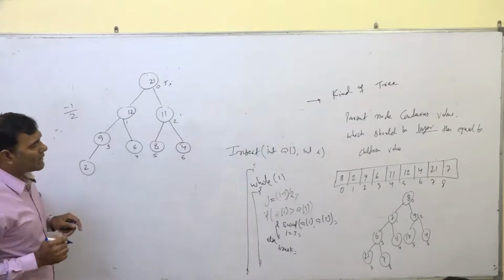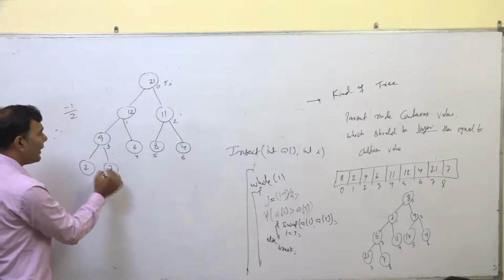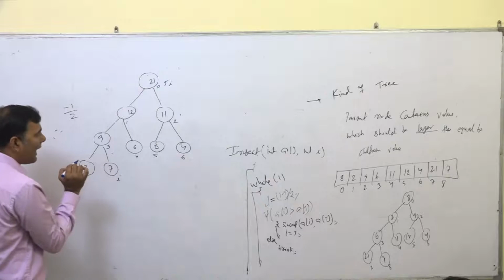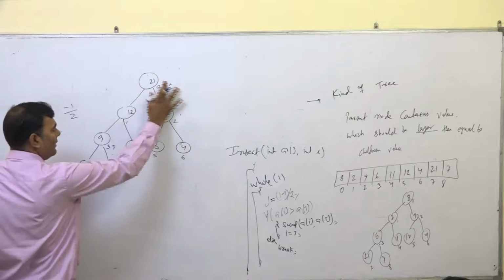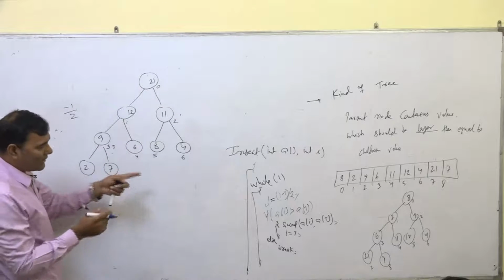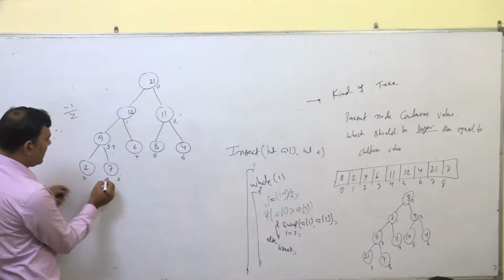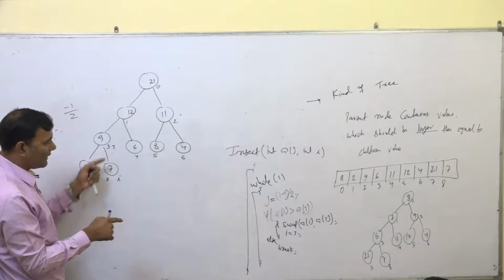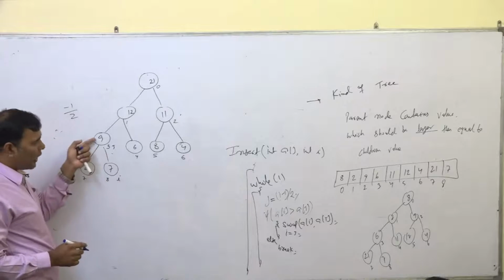So after insertion of 21, what is the next element? 7. So I is here and we need to find J. J will be here, what do we check? J is what, the index of this is 8, 8 minus 1 upon 2 gives 3, so J becomes 3. A of I greater than A of J?